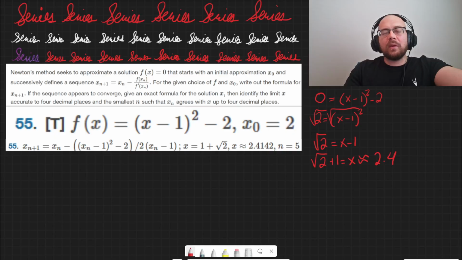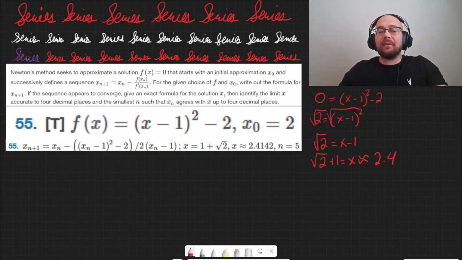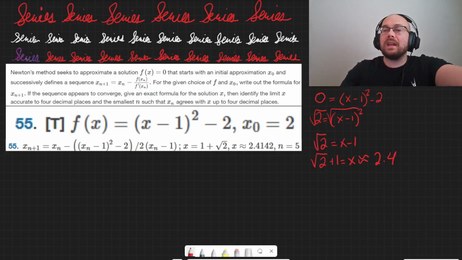If I wanted to do some more decimal places, I could. And in fact, let me see here. Do I have decimals? I always have decimals pulled up. Here we go. So the square root of 2 plus 1, if we want to write this accurate to a few more decimal places here, 2.4142136.